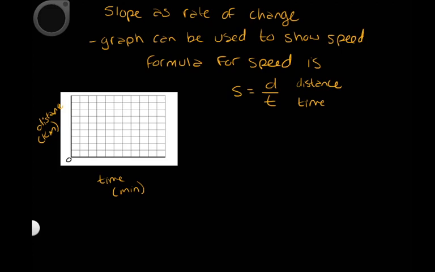So these kilometers will go up by 1. So 1, 2, 3, 4, 5, 6, 7, 8. All right, and across the bottom, we're going to measure time in minutes. So I'm going to put, let's say 10 minutes here, 20 minutes here, 30 minutes here, etc.